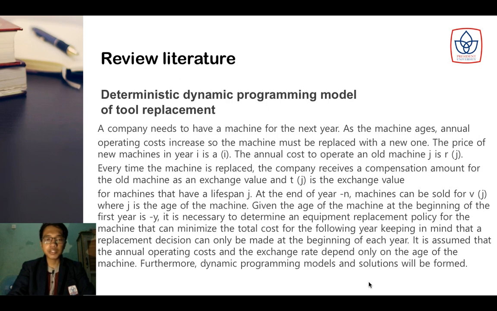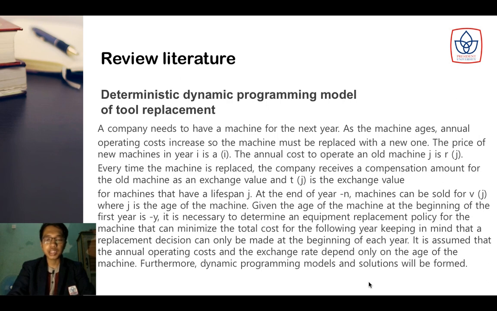The price of the machine in year i is I. The annual cost to operate an old machine of age j is C(j). Every time the machine is replaced, the company receives a compensation amount for the old machine as an exchange value, and S(j) is the exchange value for machines that have a lifespan j.